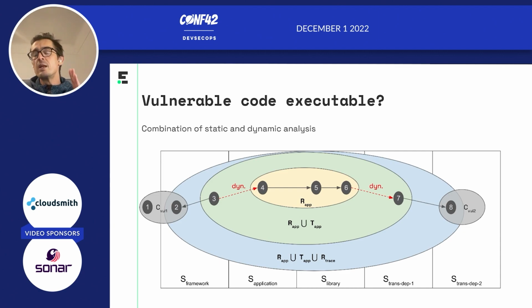This basically allowed us to bridge these dynamic invocations, to get beyond those dynamic invocations. And starting from 3 and 7 respectively, we find that the vulnerable methods 2 in the framework and 8 in this rightmost transitive dependency are potentially reachable.